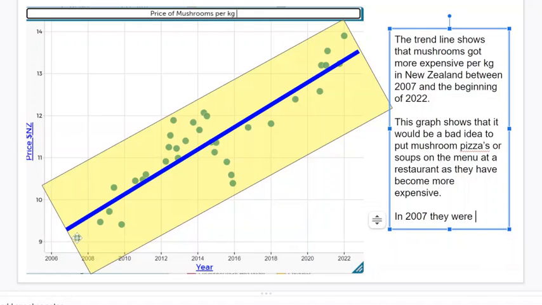So I think we'll say safely this is $9.10, rounded to the nearest 10 cents. $9.10 by 2022 they were selling for, I would say that's $13.90.